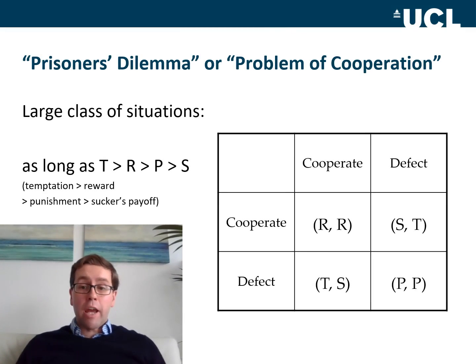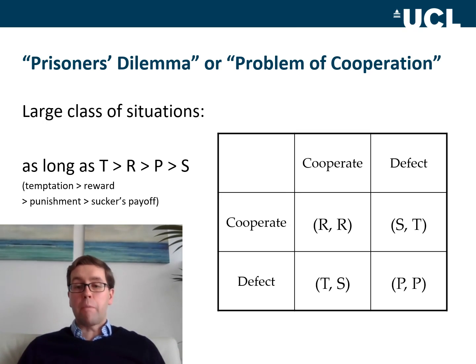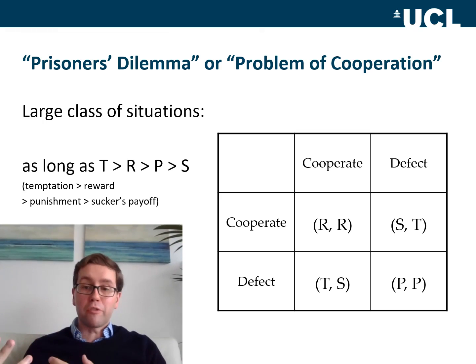So the dirty kitchen game is a good example of this Nash equilibrium, sort of bad outcome in the prisoner's dilemma. But like I said, the prisoner's dilemma stands for a large class of situations, and this problem is also often known as the problem of cooperation. The prisoner's dilemma or problem of cooperation are the same thing, and they characterize a large class of situations.